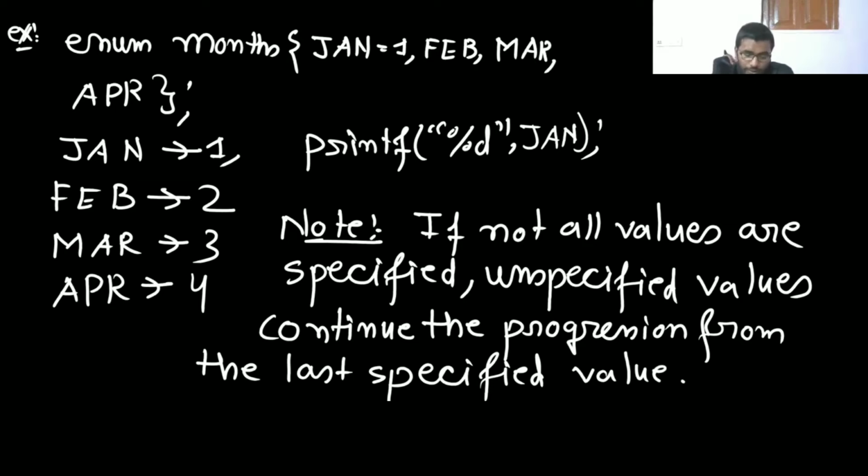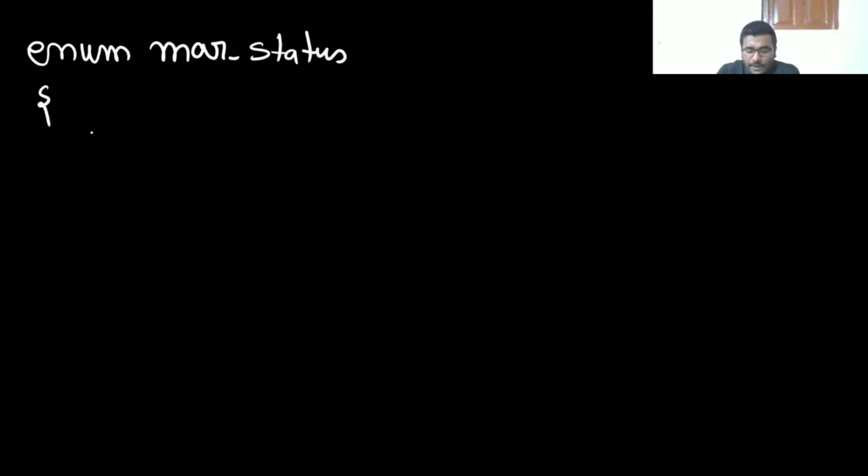Let me take another example: enum marital status. You write it like this. Here you have single, to which you are not giving any value.